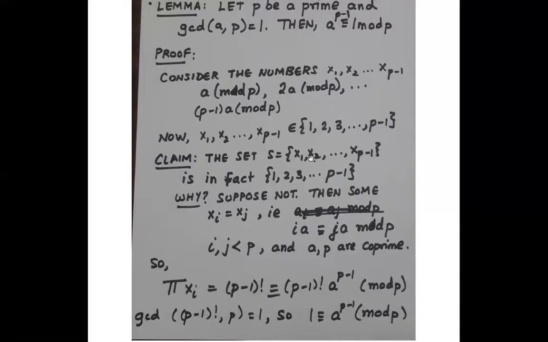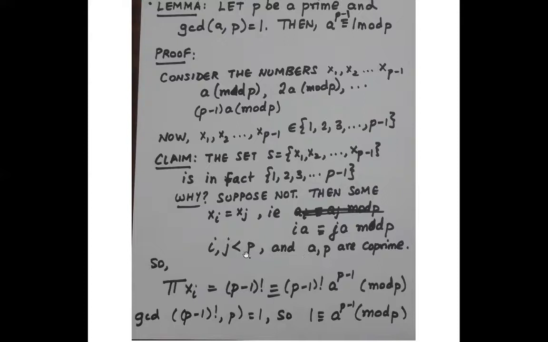If this set is not the same as this set, then some two numbers here must be the same. Let's call them xi and xj. xi is i times a reduced mod p, and xj is j times a reduced mod p. That would yield that i times a is congruent to j times a mod p.